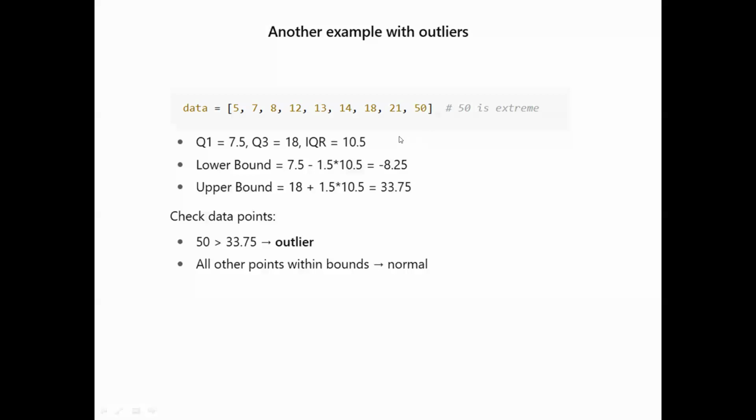So we will remove this value, and after that we will pass this data set to K-means, DBSCAN, or whatever it is. It means we will pre-process the data first, and after that we will pass it.